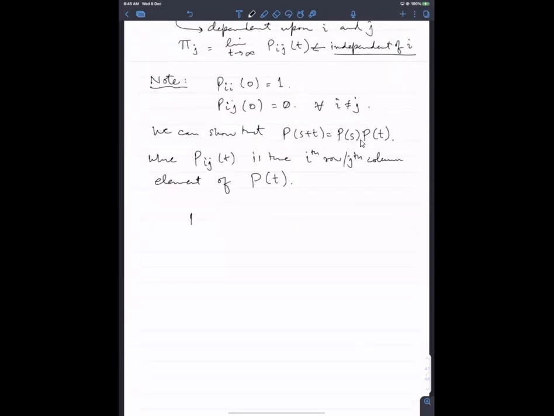So P of t is equal to P11t, P12t, P21t, P22t, and so on and so forth.